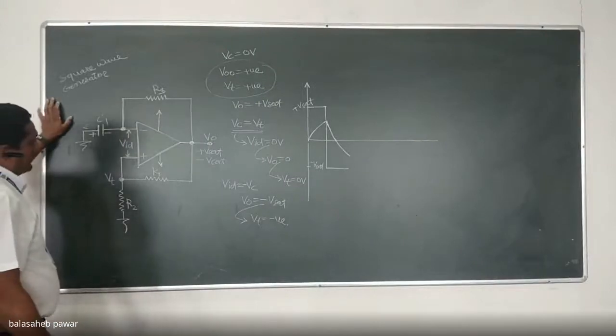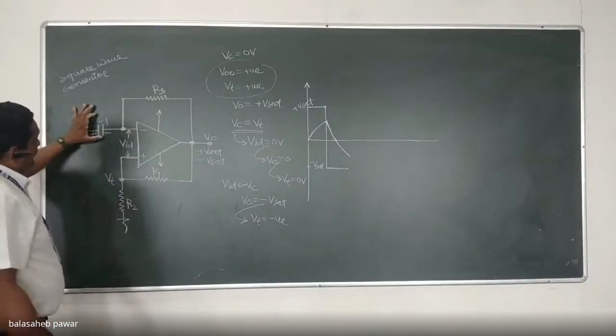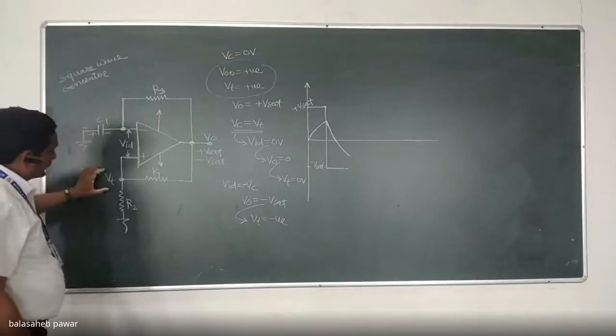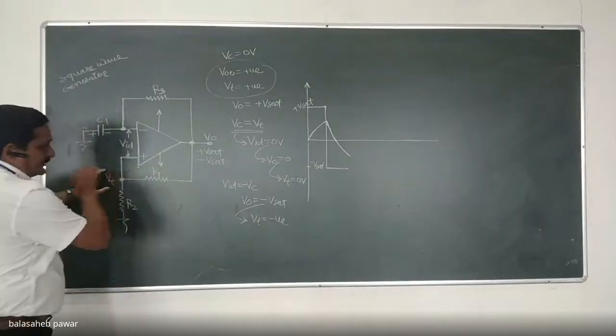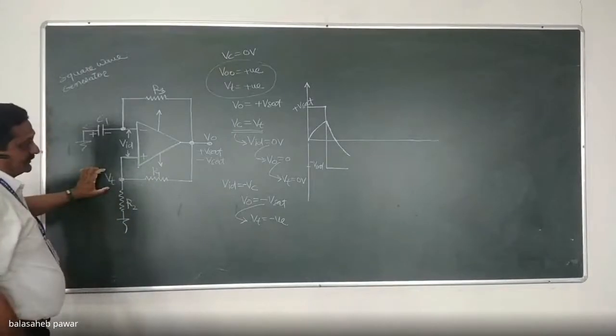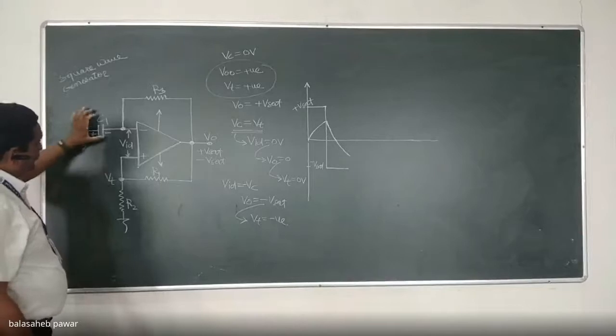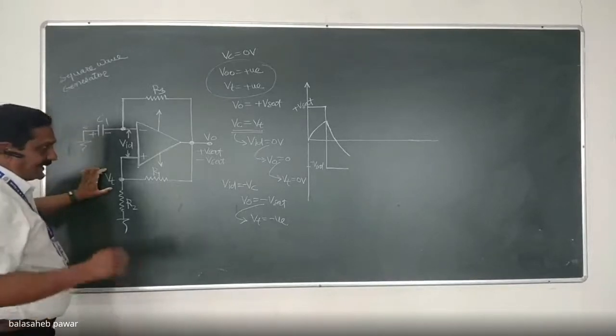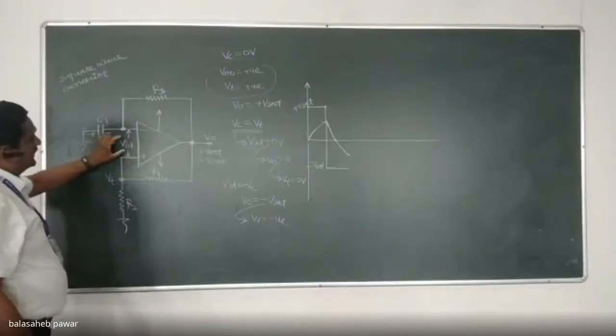Now see again, when the voltage across the capacitor equals the voltage at this node, that is VT, both are negative now. Correct? When VC1 equals VT again, negatively, the differential voltage will become 0.